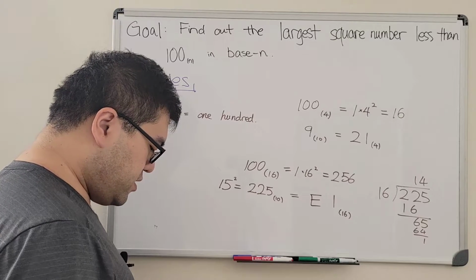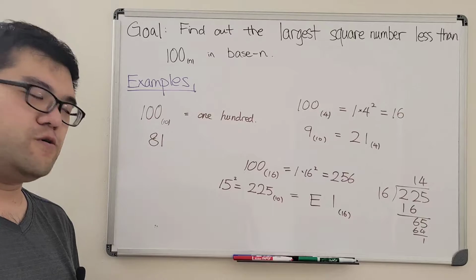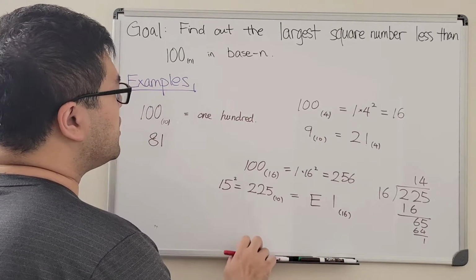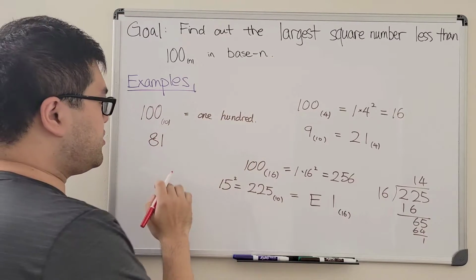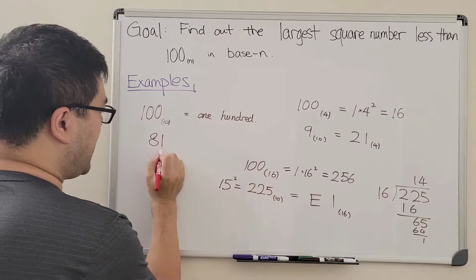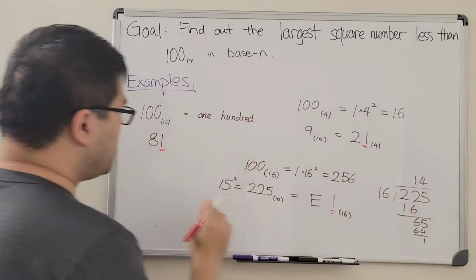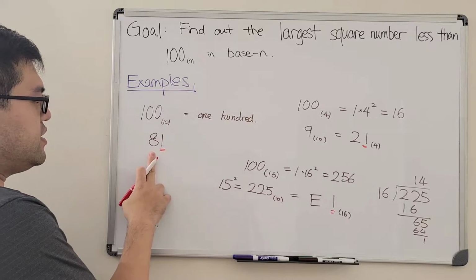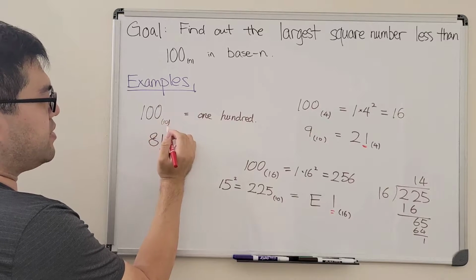All right. What do we notice in these examples? Well, if we pay attention carefully, we see that for all the largest square numbers that we found, the last digit is always equal to 1. And the second digit that we have is actually 2 less than the base number.